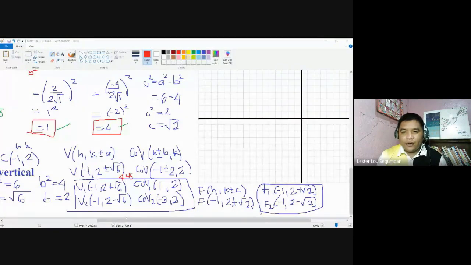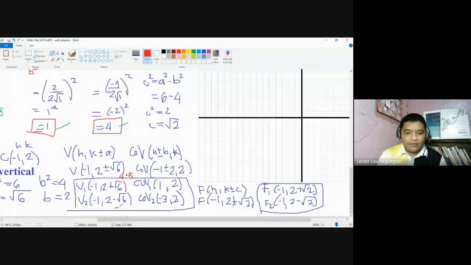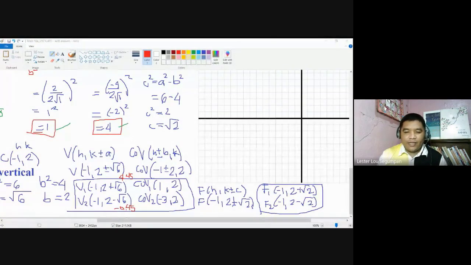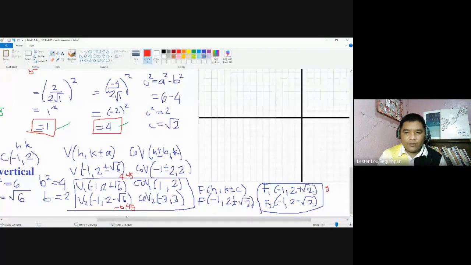Second, if you get 2 minus square root of 6, you will have negative 0.45. Okay, negative 0.45. And then for the foci, which is 2 plus or minus square root of 2, you could also use your calculators if you want to. 2 plus square root of 2 is 3.41.